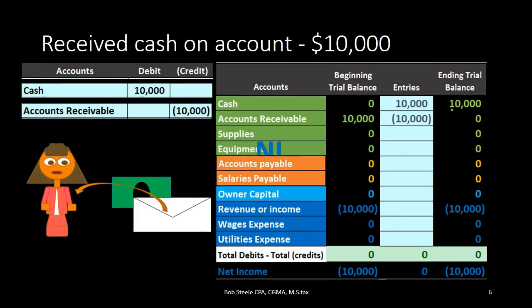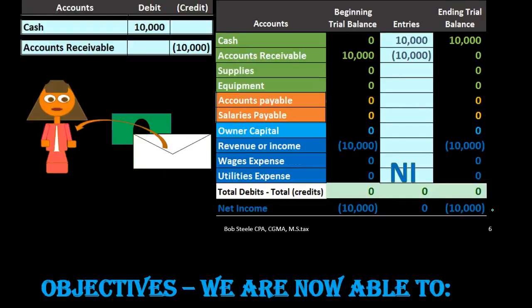If we look at the net income, no effect on net income. Note that although we got the cash now, we already recorded the net income in the past, and therefore in the current transaction in the middle column, nothing's happening to net income, and we are remaining at 10,000, representing net income calculated as revenue minus expenses.